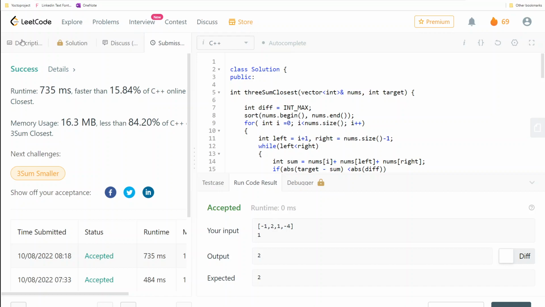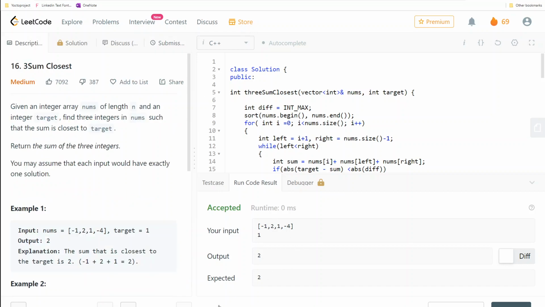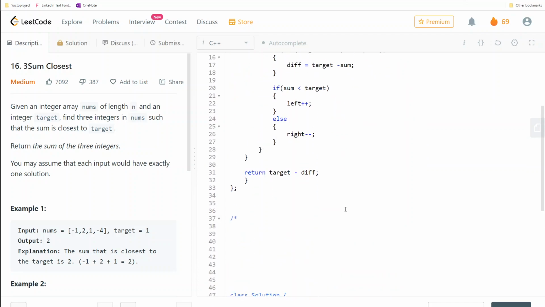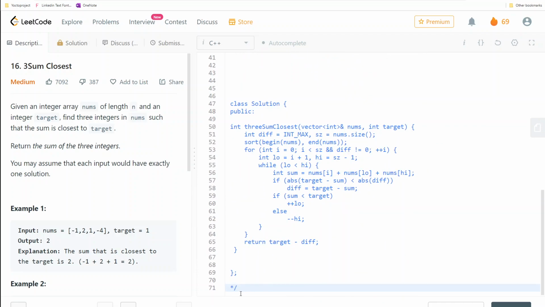So our submission went through successfully, right? I'm liking the new code.